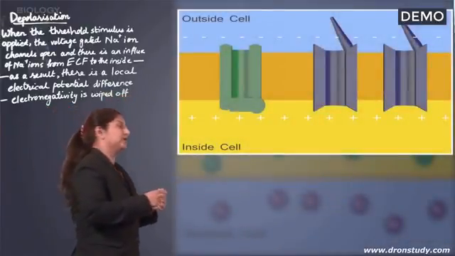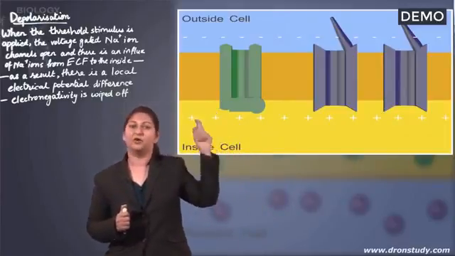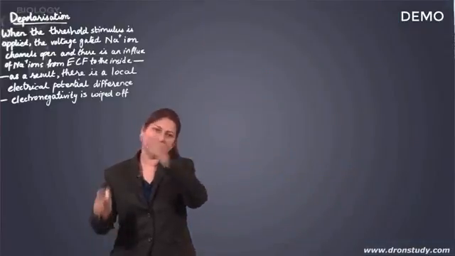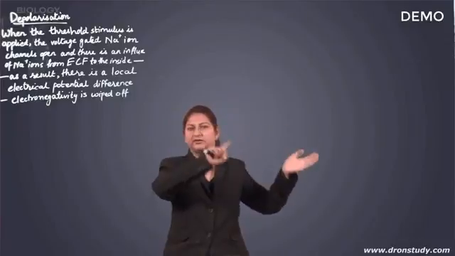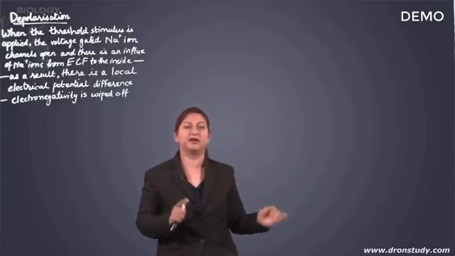Then the interiors have now turned positive, and outside it is now negative. The wave of action potential has passed through, and the changes have happened. Inside it has become positive, outside it has become negative.